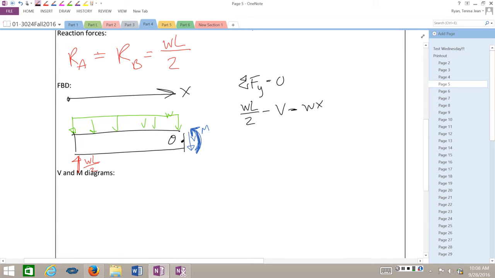So it's times whatever arbitrary length we're at, our location X. And all that equals 0. We want to know what the shear is as a function of X. So solve this for V. And we end up with minus WL/2 minus WX. That's my equation for the shear. Why?